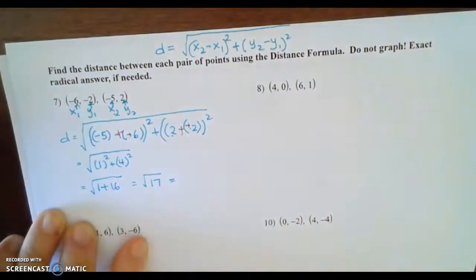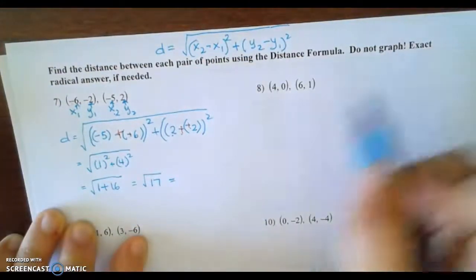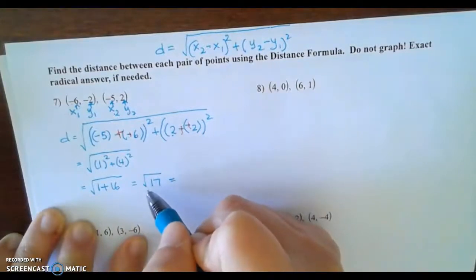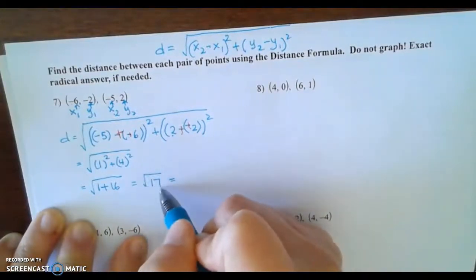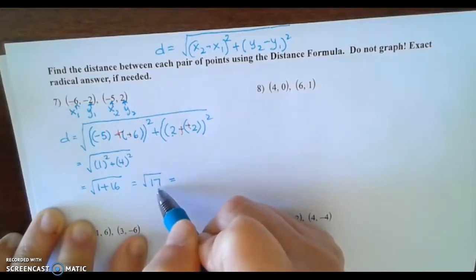However, wait, what does it say? Exact radical answer if needed. Okay, exact radical answer. That means we just want it in this form. So looking at square root of 17, does this have a factor that is a perfect square? Perfect squares are like 1, 4, 9. Is this divisible by, well, we don't count the 1 because all numbers are divisible by 1.